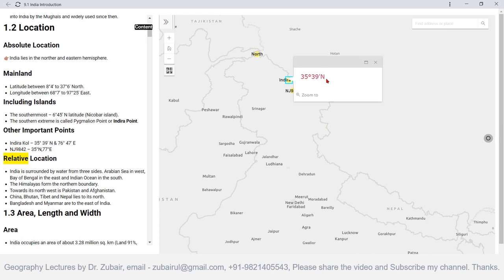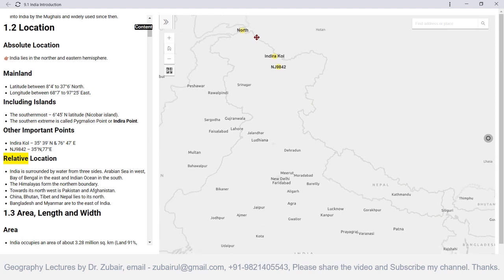The northernmost part of the Indian mainland is 37.6 degrees, and Indira Col is 35 degree 39 minutes. So 35, 37, here there is also a gap of 2 degrees.